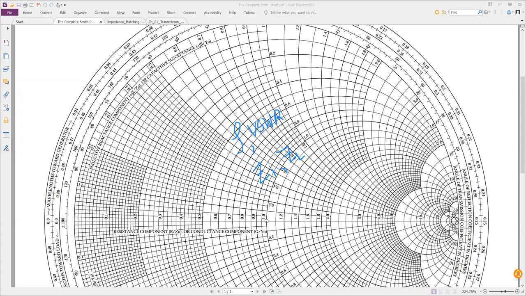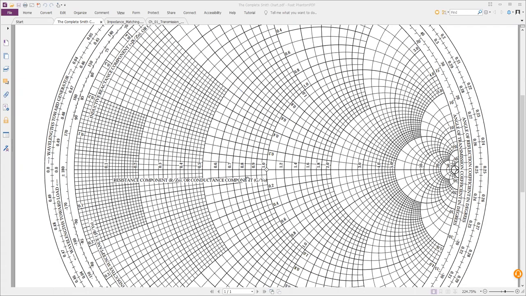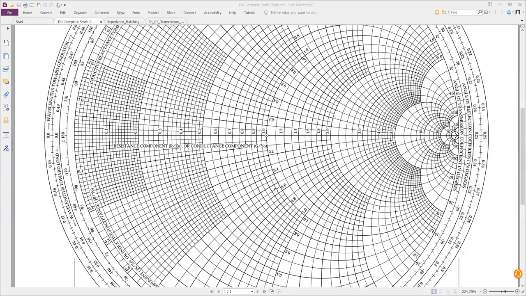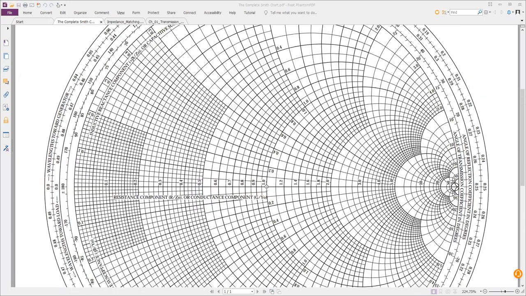Okay, so before going to the details, let me show you the Smith chart here. That is the Smith chart, and here the center of the Smith chart is 1. Okay, that is the 1, and this point is the point of short circuit.